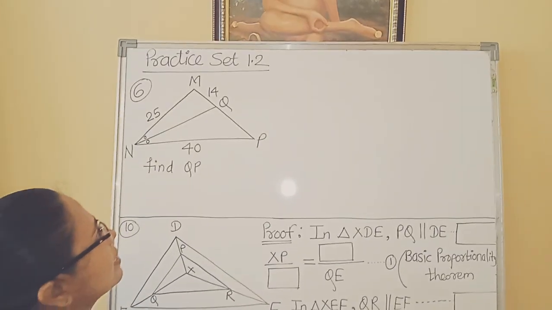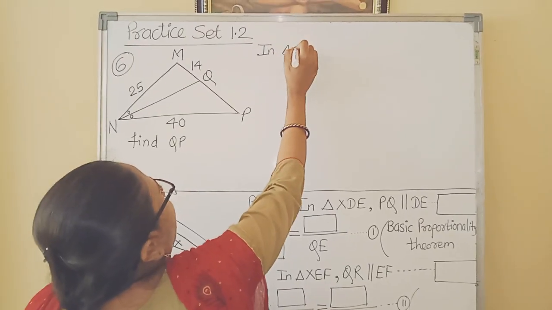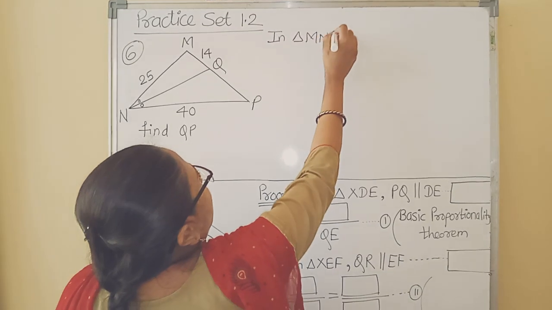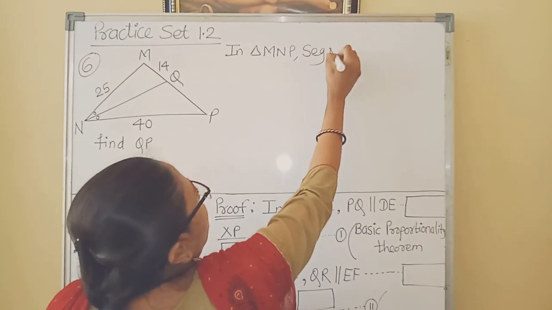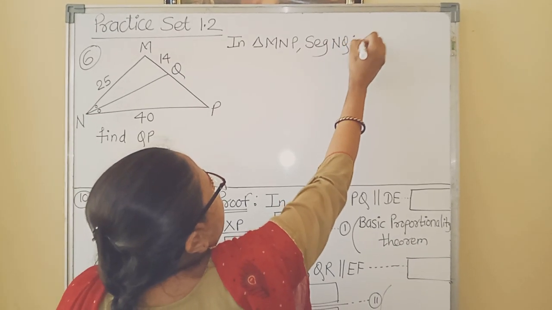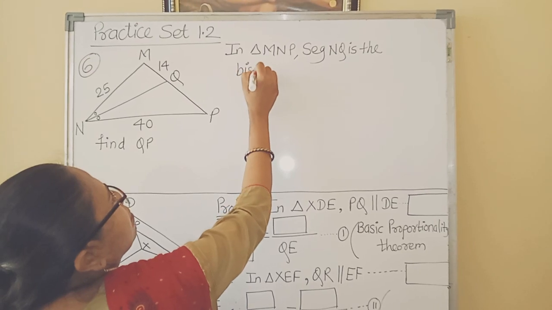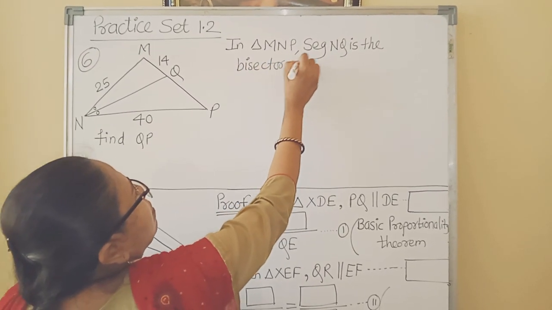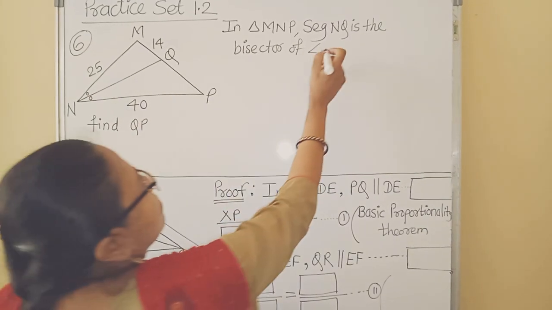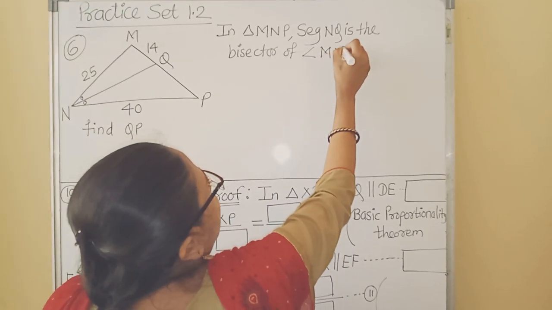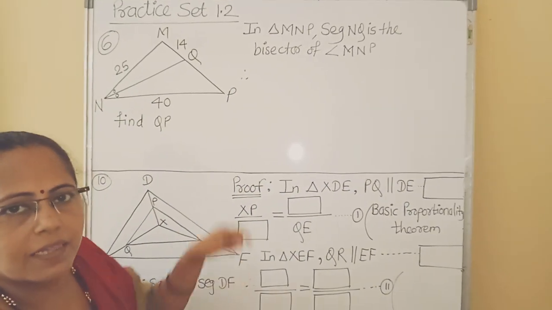So first we will write the statement. In triangle MNP, segment NQ is the bisector of angle MNP. Therefore, we can apply angle bisector theorem.